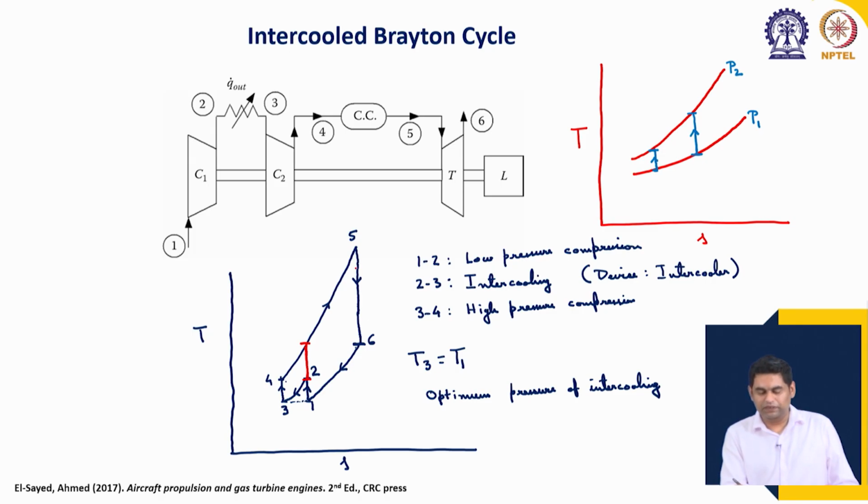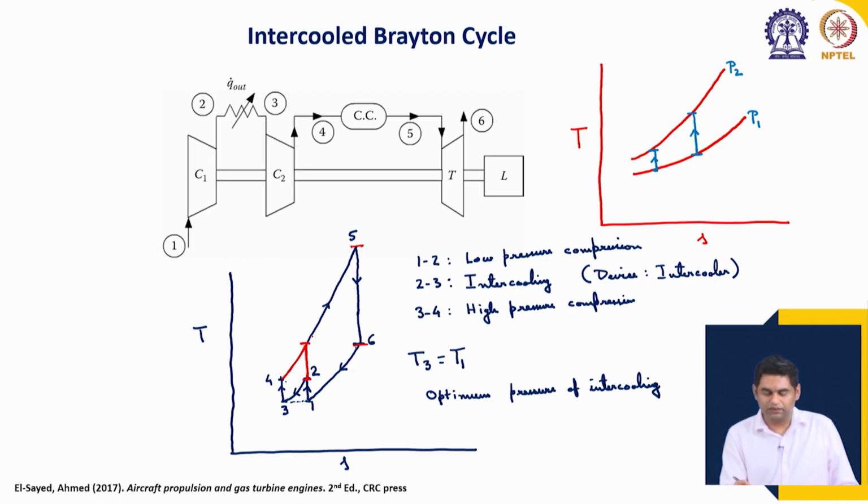Turbine work remains similar, because the pressure range is the same as a simple Brayton cycle, which means that the net work output should increase. However, this also comes at the cost of efficiency, because now we have an added section of heat addition. So, more heat addition is needed in the combustion chamber.